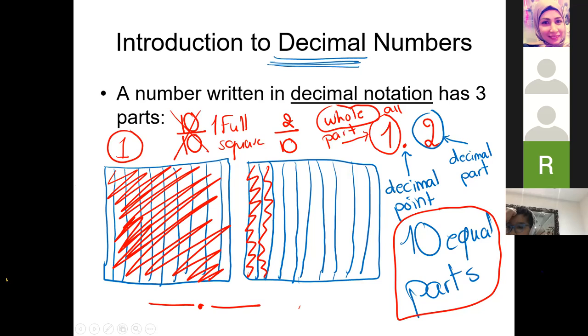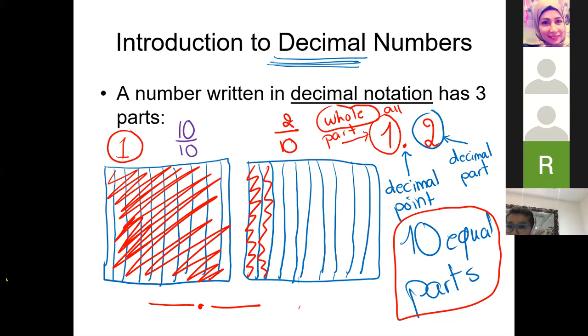Listen. We said that in the first square, I colored it totally. So the fraction that represents the colored part here is 10 out of 10 because we colored 10 parts out of 10. Whereas in the second square, we colored just 2 parts out of 10. So the fraction is 2 out of 10. I am always talking about decimals, if we are dividing the square into 10 equal parts. Okay?